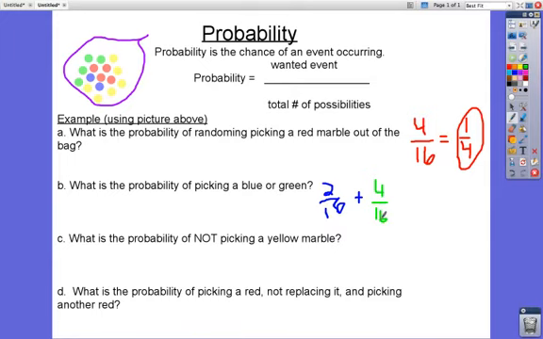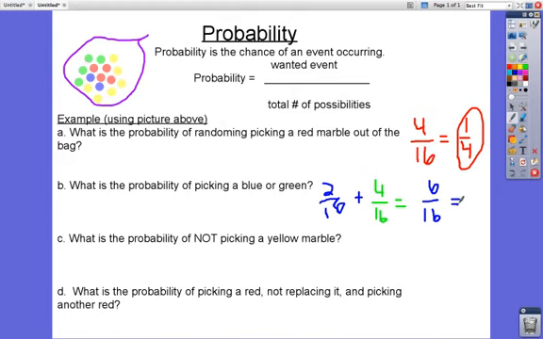Remember, when we're dealing with fractions, we add the top and keep the bottom. So that becomes 6 out of 16. So the total number of blue and green together is 6, out of 16.